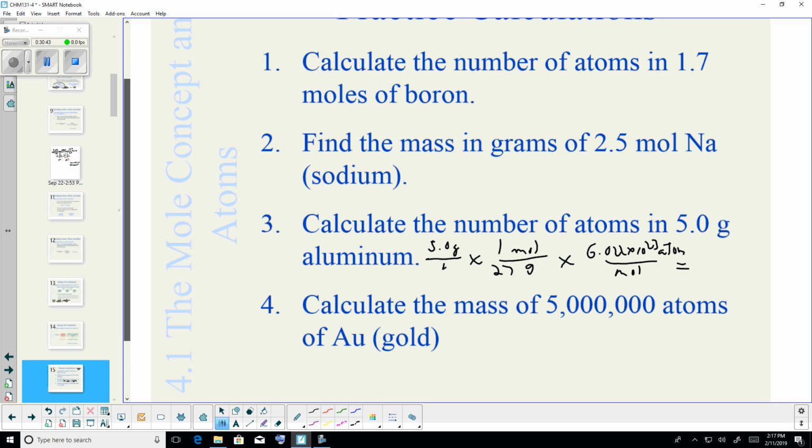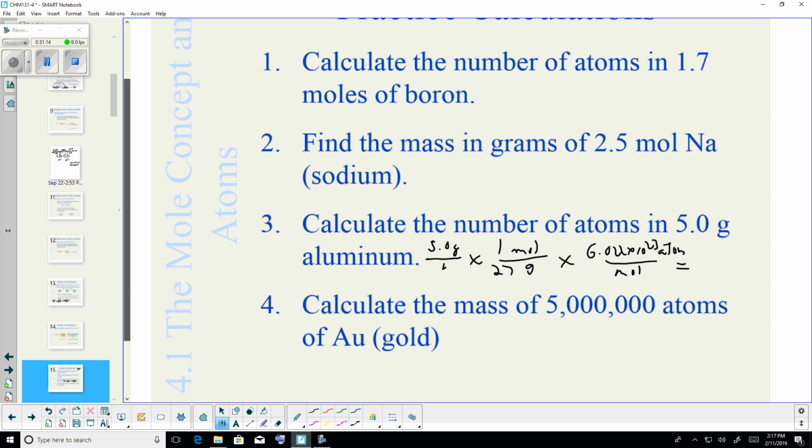In this case, it's gold, and the last problem was aluminum. A or B? Doesn't matter. It's symmetrical. If it's B, you would go this way. You still get the same answer. I just choose A because alphabetically A comes before B. Right now, we're just using single compounds. We haven't gotten to equations yet.